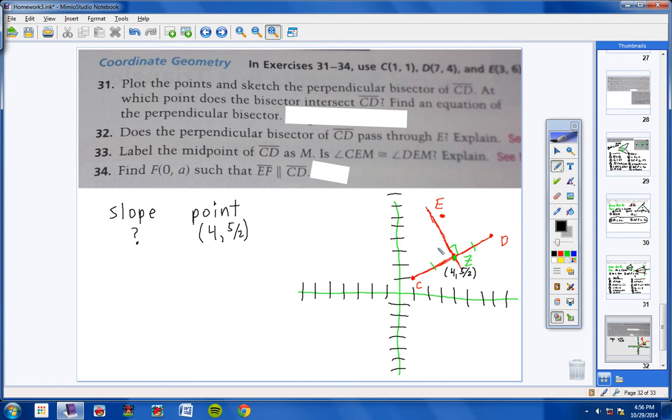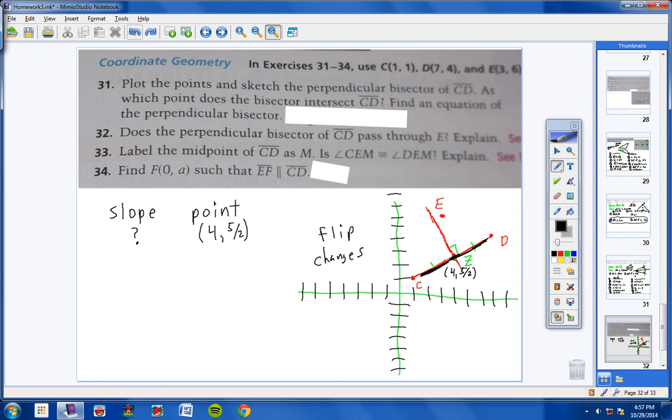But hold it, students. We do know that perpendicular slopes are negative reciprocals. So if I could find the slope of this line, I could then take that slope, I could flip it, and change the sign, and that would be the slope of this line here.